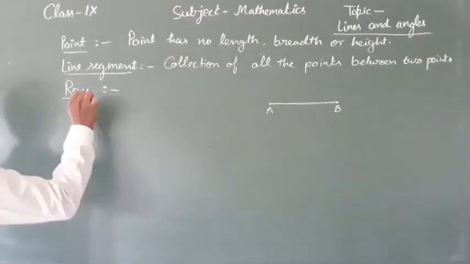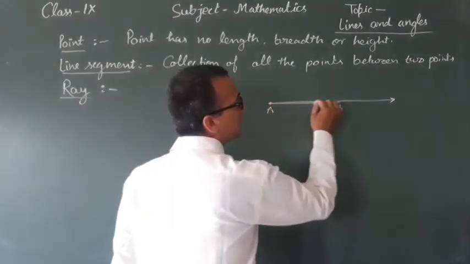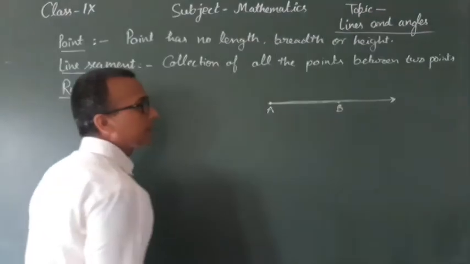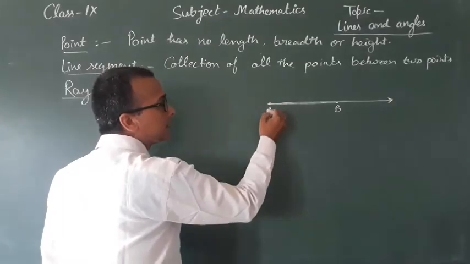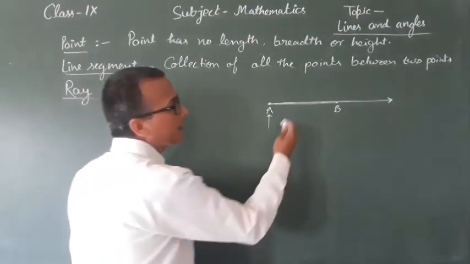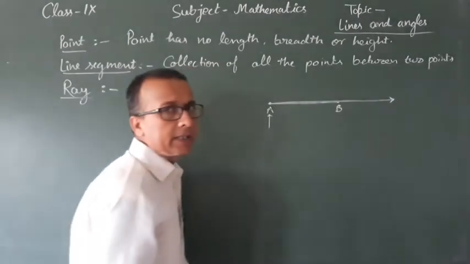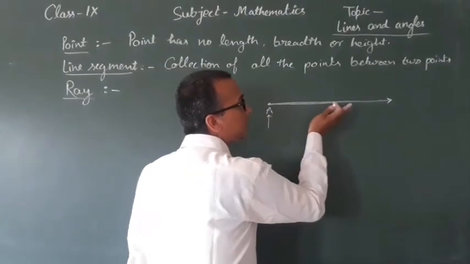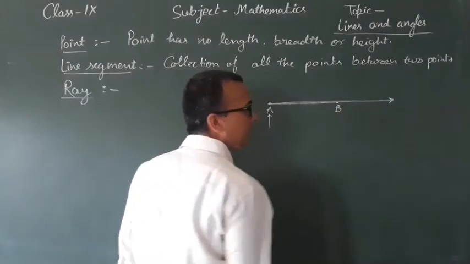Ray. If we produce a line segment in one direction, then it becomes a ray. Here, the initial point of this ray is A and it has no terminal point. It moves towards one direction infinitely.